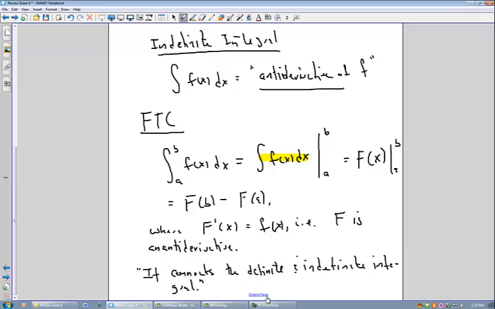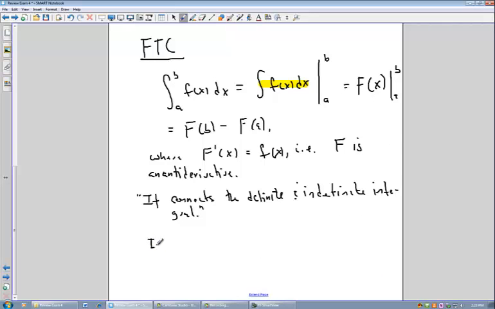Or even better yet, we can say it connects the area to the antiderivative. Any one of those I think is good for you to say.